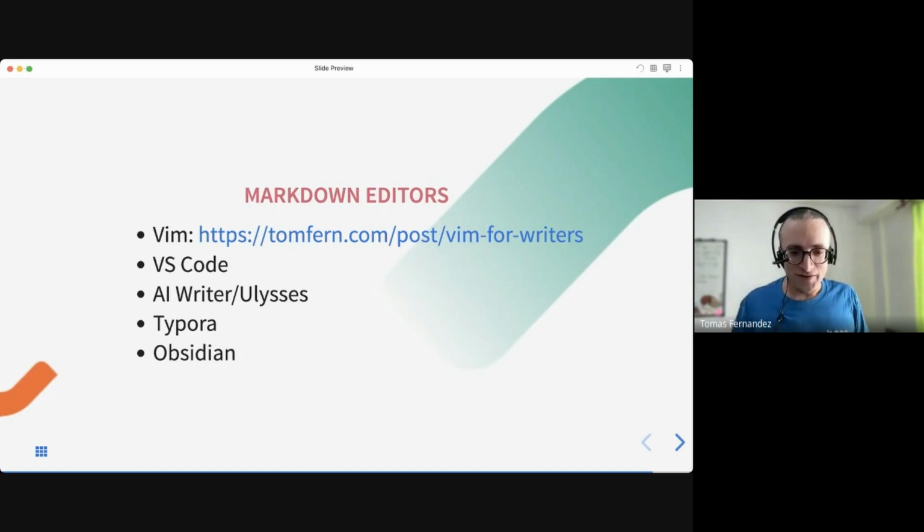The one I'm using most today is the last one, Obsidian, which is a tool for taking notes. But you can also write articles, publish them, and even make slides. The slides here I made with Obsidian. So what you're seeing now is an Obsidian window. It's a good free tool to check if you're interested.